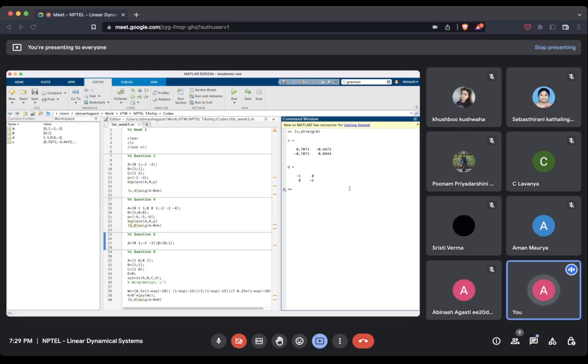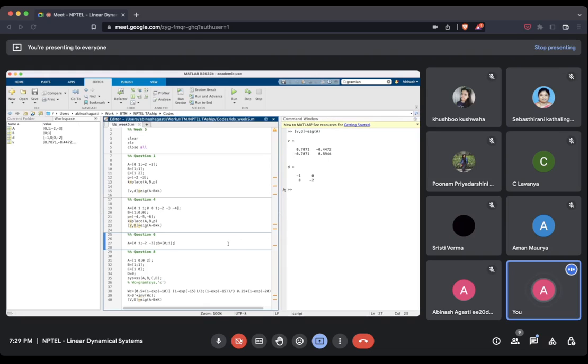But now I want to place them at -100 and -200. So what should the K matrix be so as to get these desired poles? Let's find that.